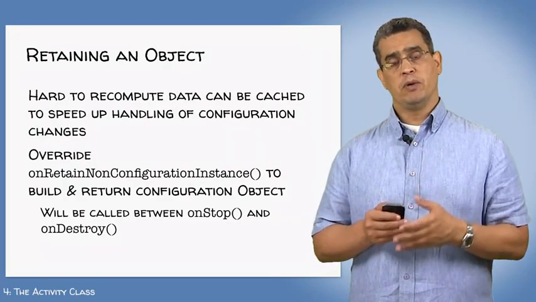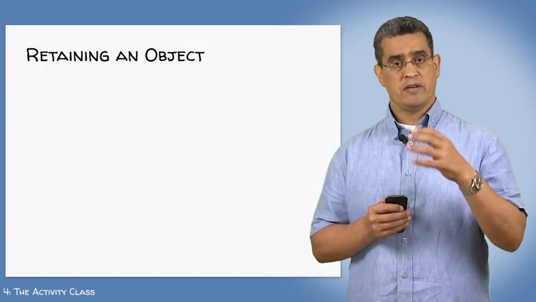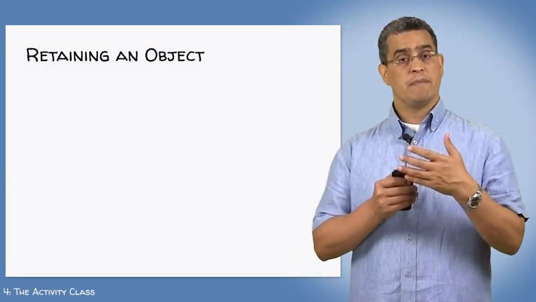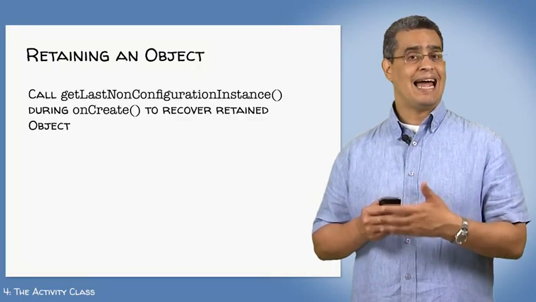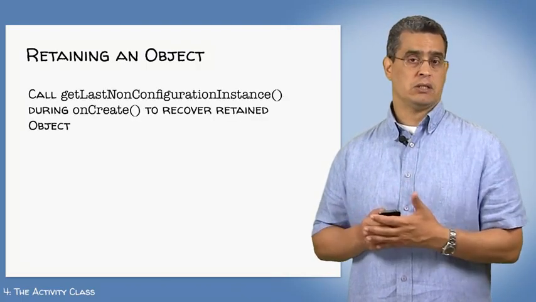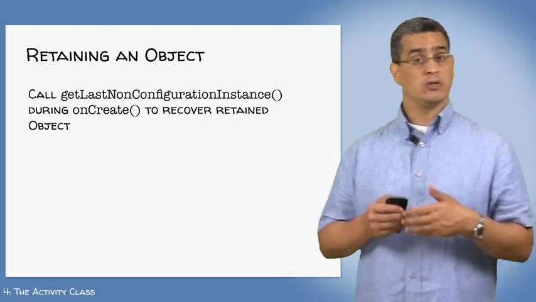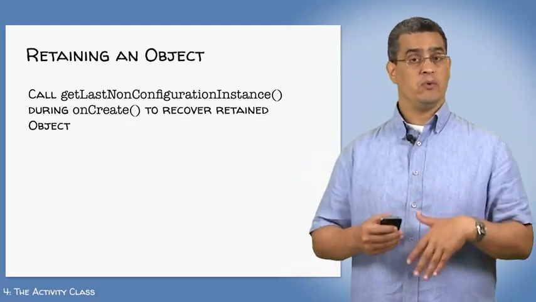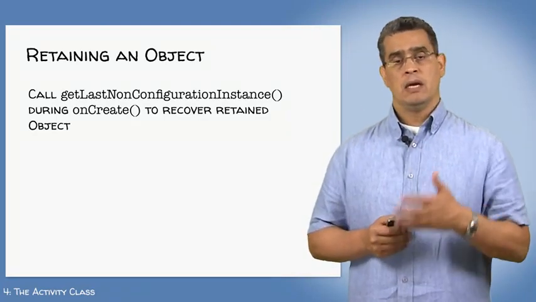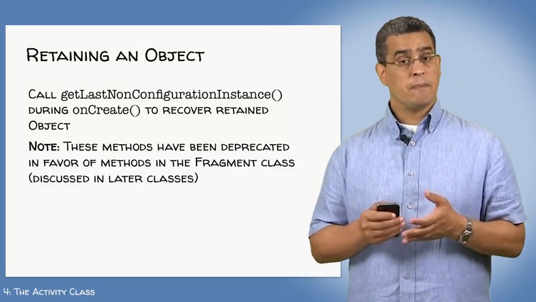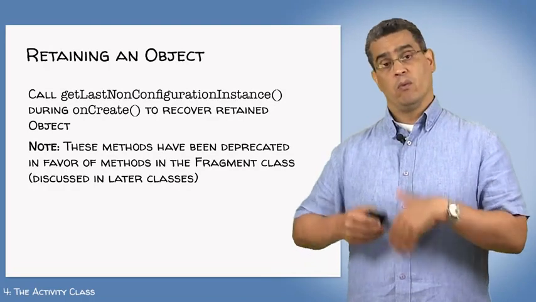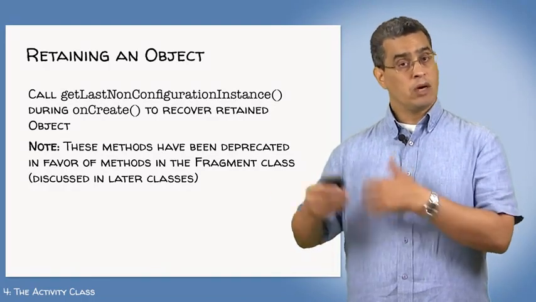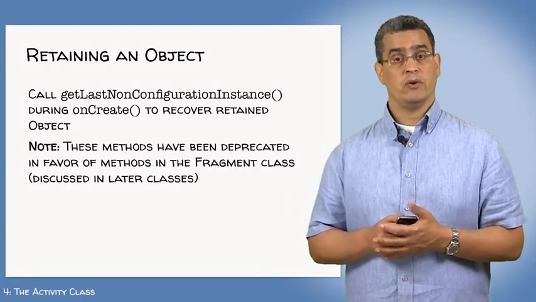And the object that you build and return in onRetainNonConfigurationInstance can be retrieved when the activity is recreated by calling getLastNonConfigurationInstance. And that's usually done during the call to the activity's onCreate method when you recreate the activity. Now, note that these methods have been deprecated in favor of other methods in the Fragment class. And we haven't discussed fragments yet, but we'll come back to it in a later lesson when we do.